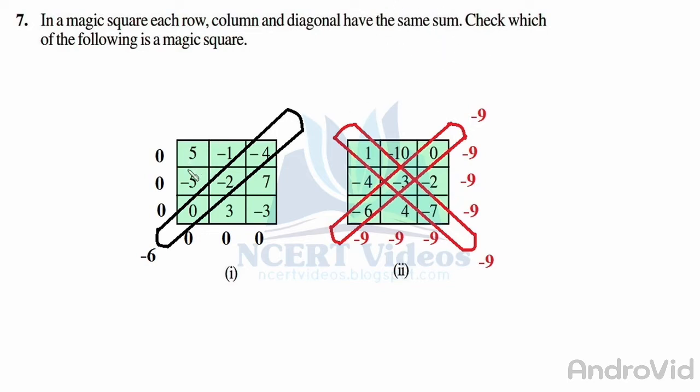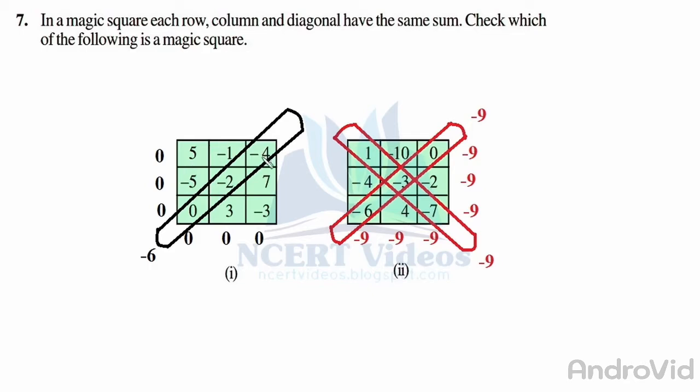First we will do vertical. So minus 5 plus 5 is 0, because minus 5 and plus 5 cancel out. Here minus 1 minus 2 gives you minus 3 and here it is plus 3, so 0. Now minus 4 plus 3 is what? Minus 7 and plus 7 subtract to 0. Now let's check row wise.